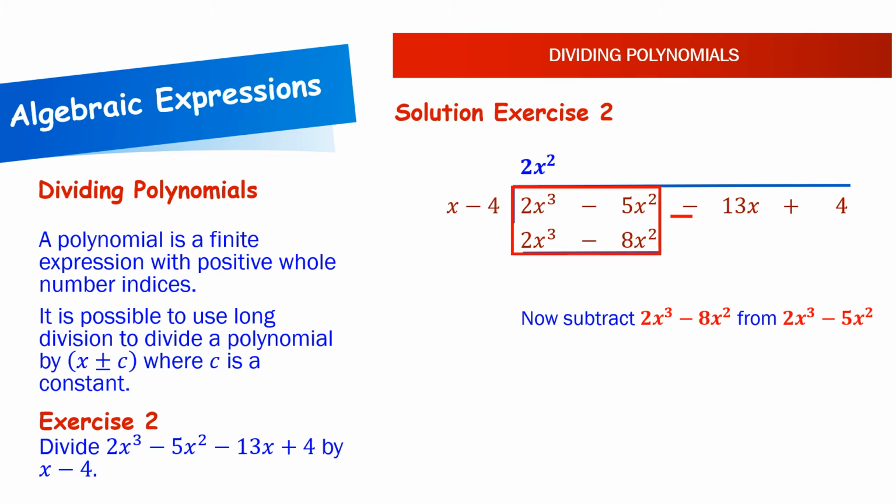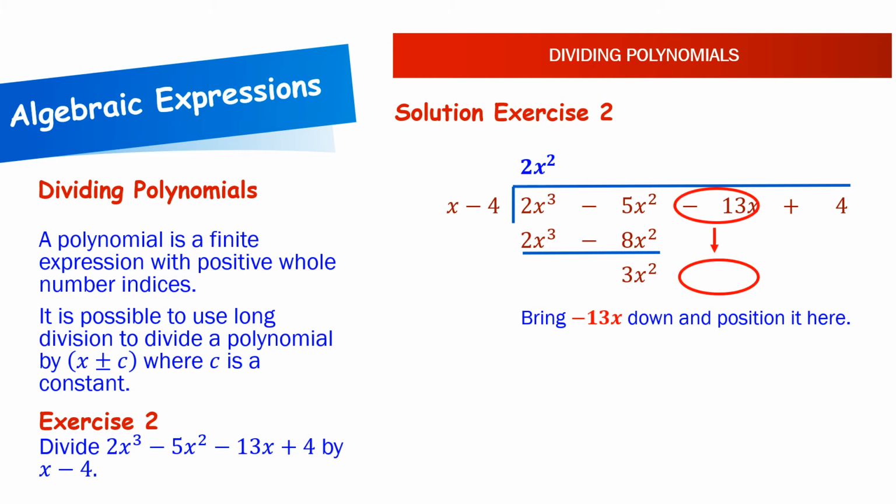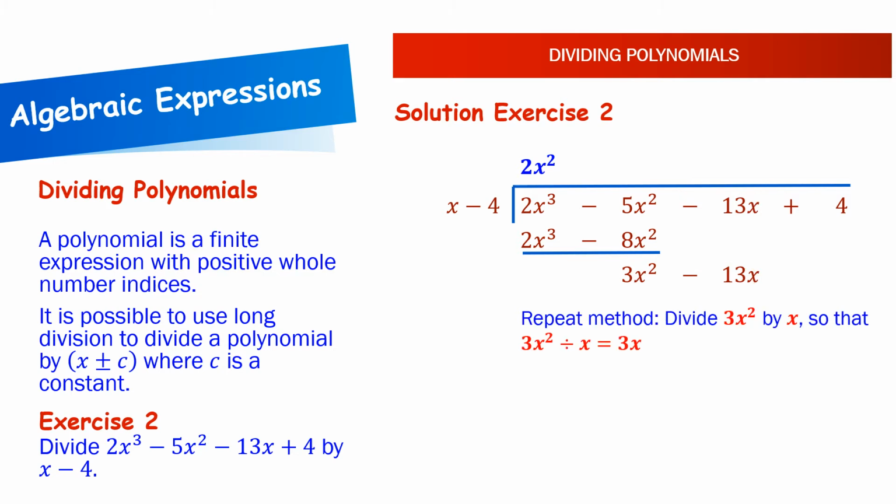Now subtract 2x cubed minus 8x squared from 2x cubed minus 5x squared to give 3x squared. Bring the minus 13x down and position it here. And again repeat the method.